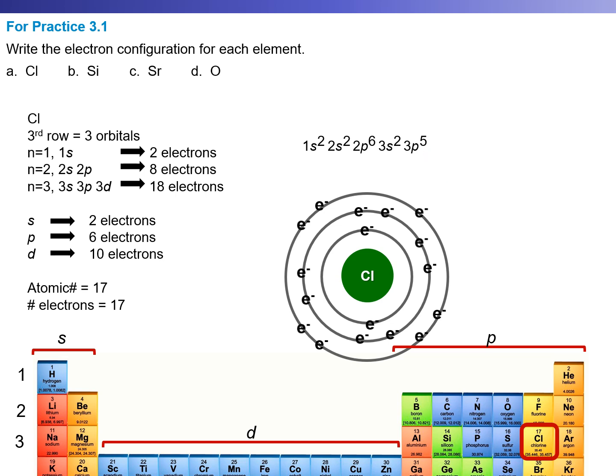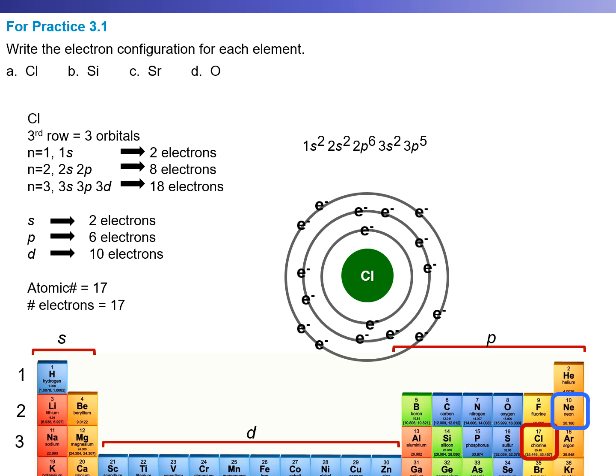Now, if you look in the textbook, they're going to give you an alternative way to write this. It has to do with looking at the point at which all of the rows are full. For chlorine, the first row and the second row are full, and the element that has all of its orbitals full through the second row is neon.